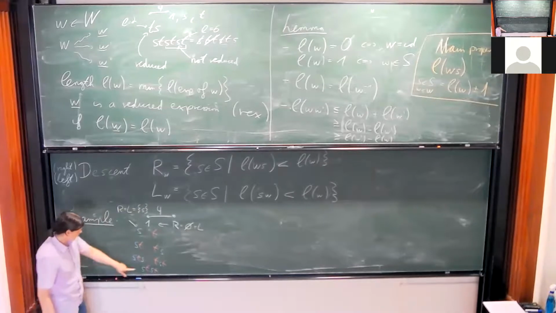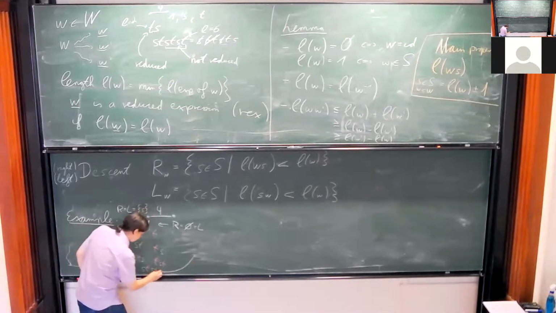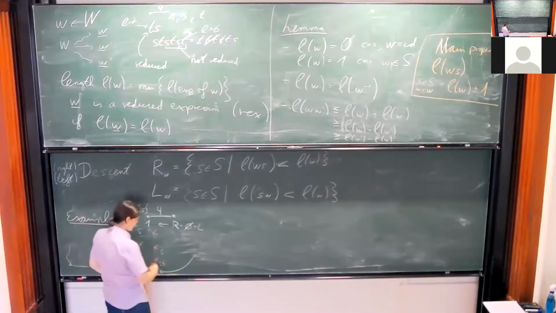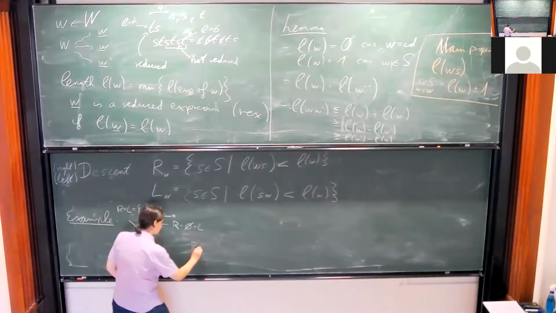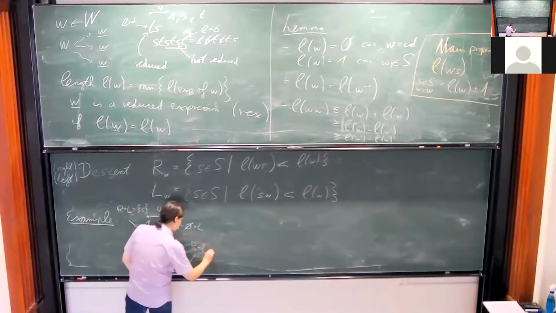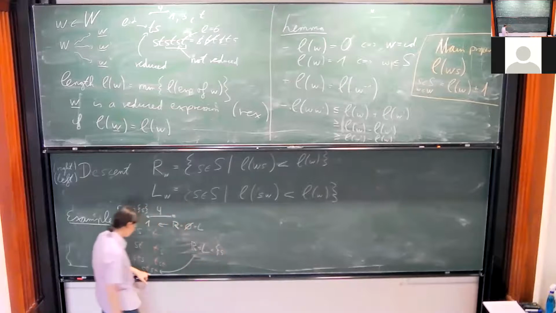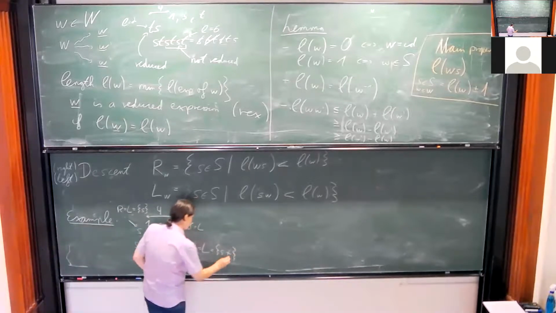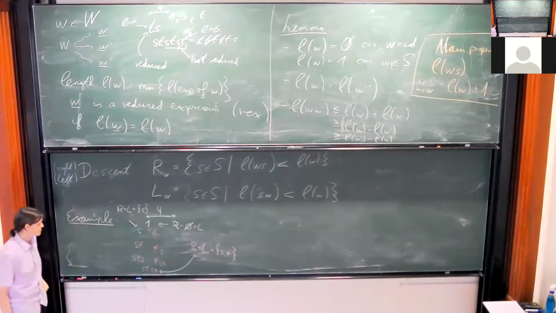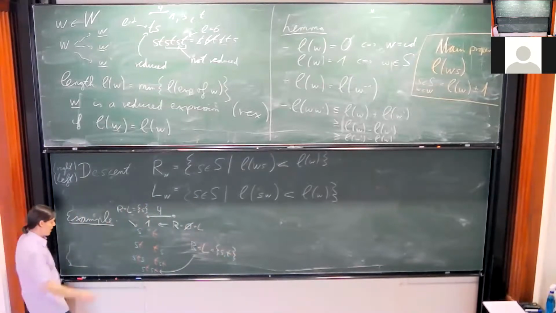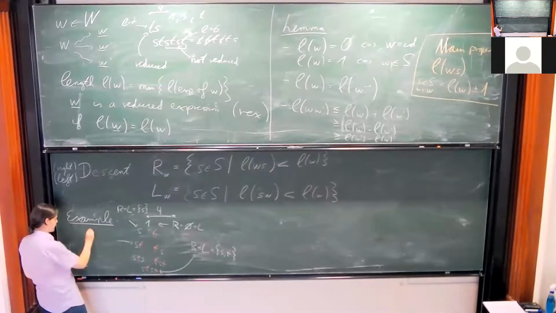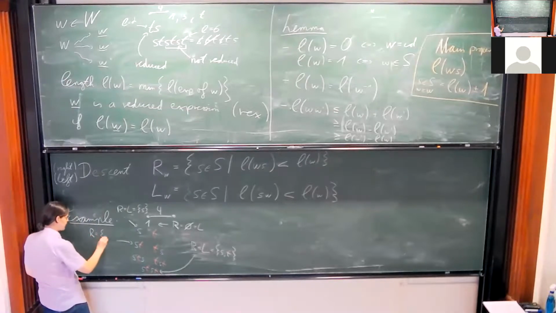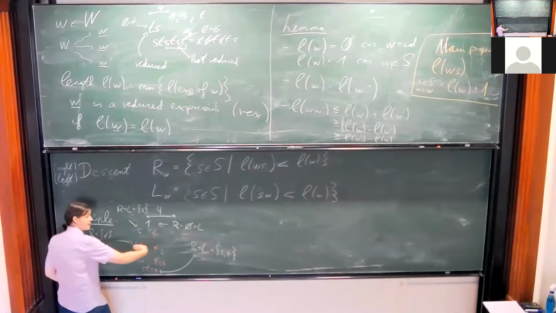And this one is a funny one. You can check here, it's not so hard, that this gets shorter for every T. Whatever you multiply it with, it gets shorter, no matter from which side. This is really asymmetric, so this has right descent T. If I multiply T from here, it gets shorter.